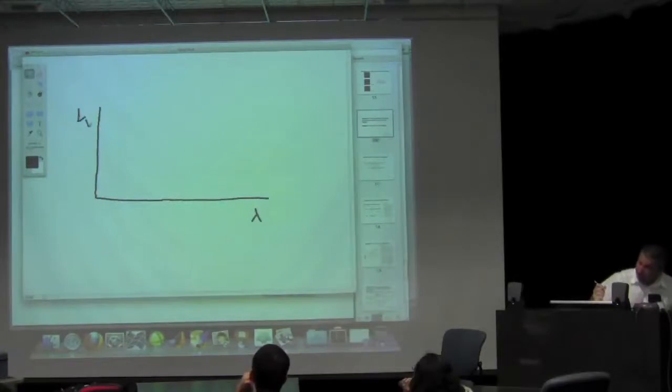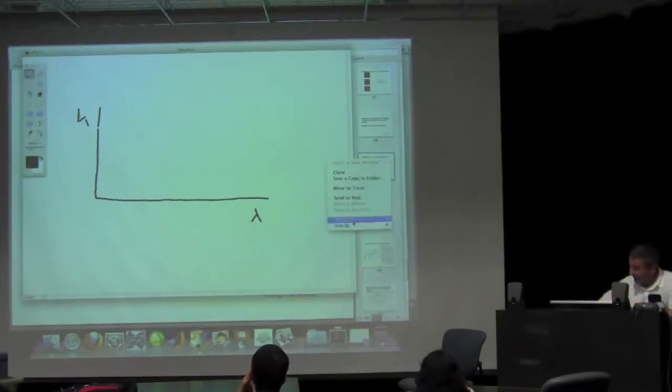Let's say you're just measuring radiance. And you might have hundreds or even thousands of spectral points depending on your sensor.